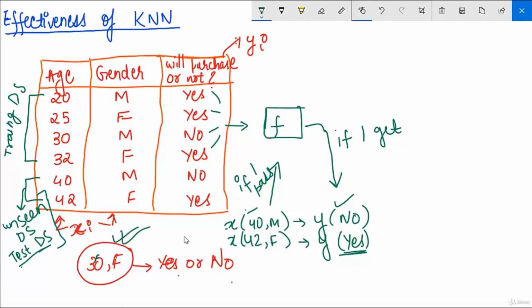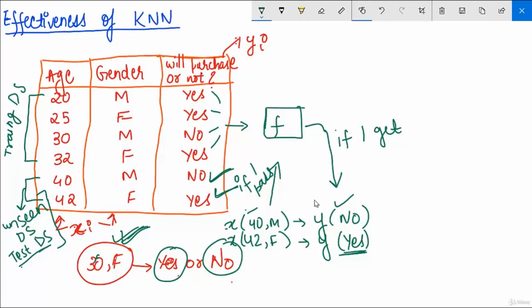Now, since we are confident that whatever model we have created is giving the right answer, and we have even cross-checked it, if we pass it, we are more confident than before. Whatever answer it gives, there is a high probability that it will be accurate, yes or no. I hope you are getting what I'm trying to explain here.